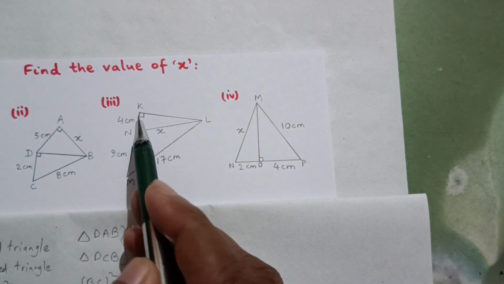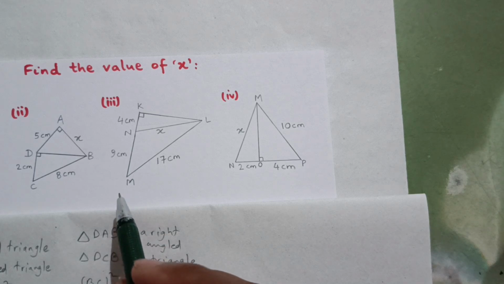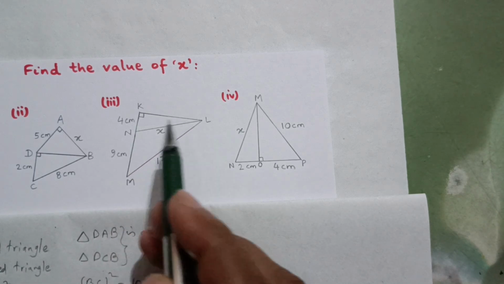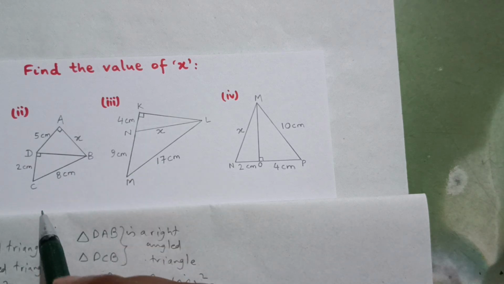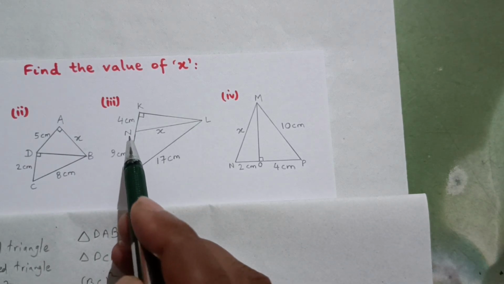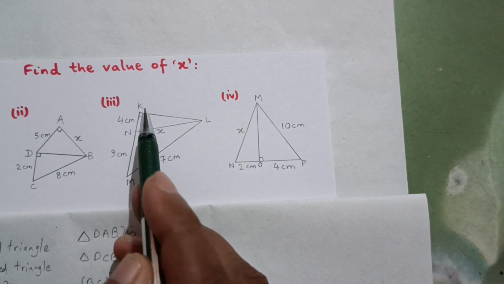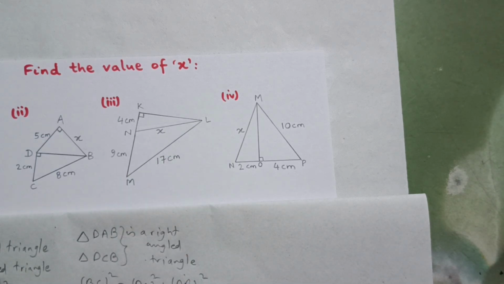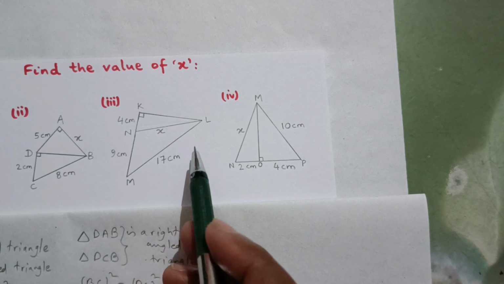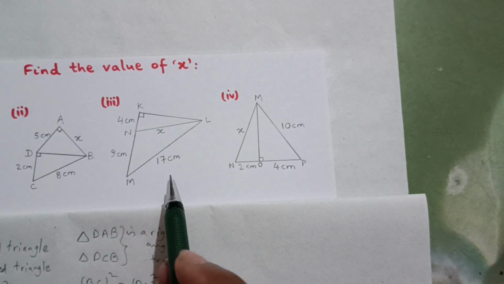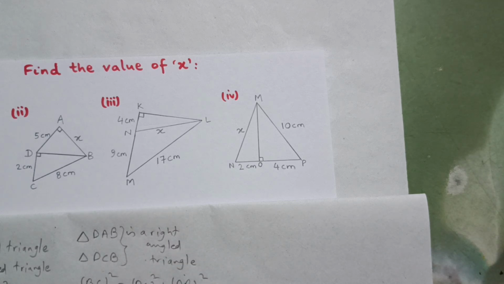Now I know that this angle, angle MKL, is 90 degrees. You can either call it angle MKL or angle NKL. So that angle is 90 degrees. Now in this diagram we will take two triangles. Which are those two triangles?